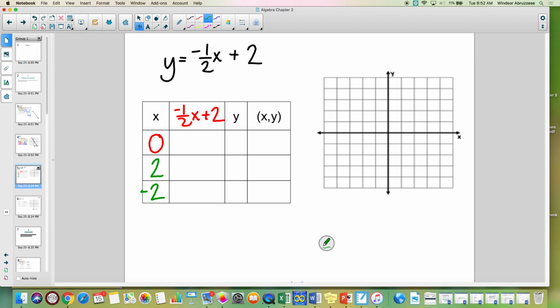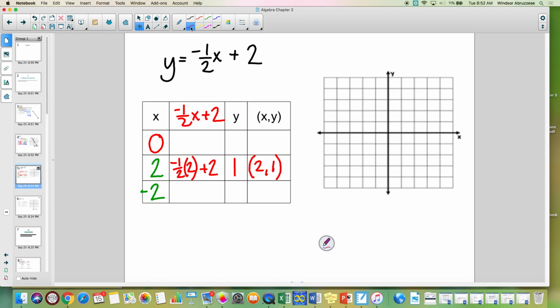Okay, and let's talk about why I picked 2. Well, negative 1/2 times 2 is negative 1. Plus 2 is 1. Because I multiplied that fraction by the denominator, I have eliminated my fraction. I don't have to graph a fraction. Yay! So that point is 2, 1.